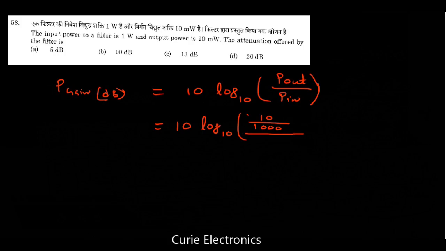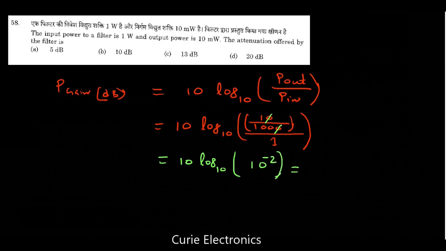What is the input power now? 10 milliwatt I have converted into watt, and the input power is 1 watt. Now let's simplify it. So it is 10 log to the base 10. Don't forget. So this 0 cancels. This 1 upon 100, I can write as 10 to the power minus 2.